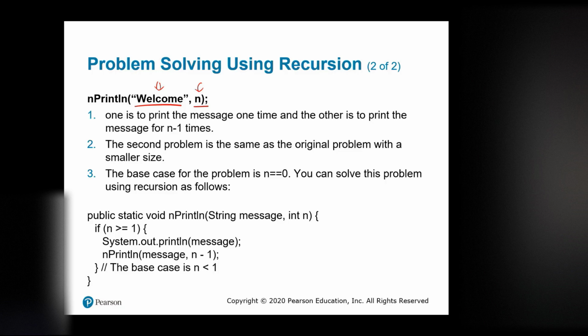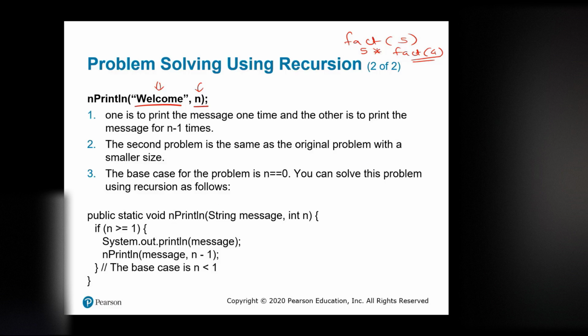Now, how will we reduce the problem? At every step, the problem should get reduced. When we call factorial 5, we are doing 5 multiplied by factorial 4, so the problem gets reduced a little bit. Here, if we are printing n times, if I print once, then my problem size is reduced, and now I have to print n minus 1 times.